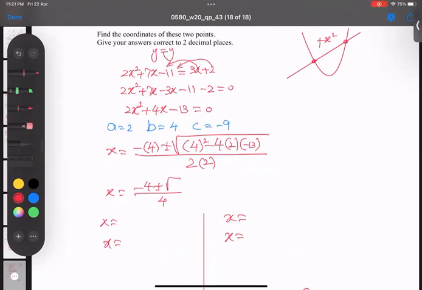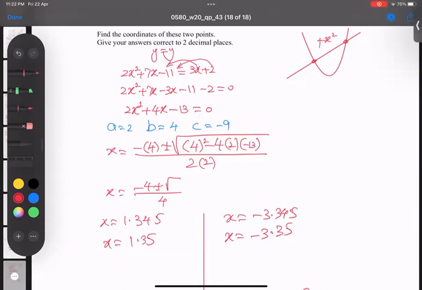So the A value is 2, B is 4, C is minus 9. When I type it in the calculator, I'm getting 1.345, which is 1.35. The second value I'm getting is negative 3.345, which means negative 3.35. Hold on a minute.